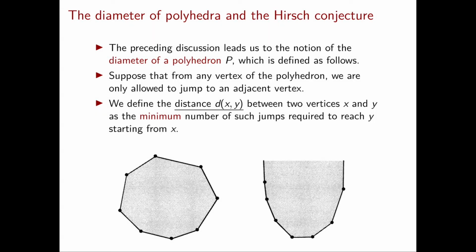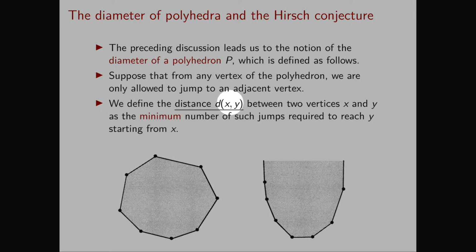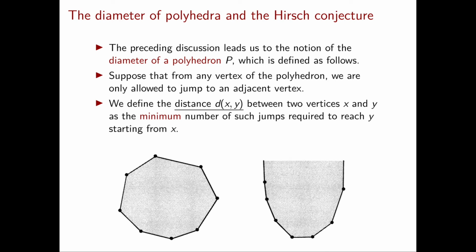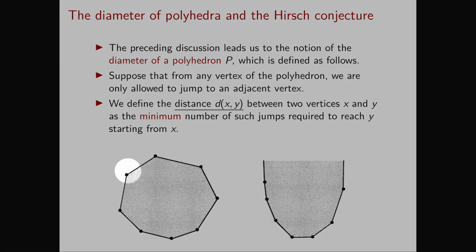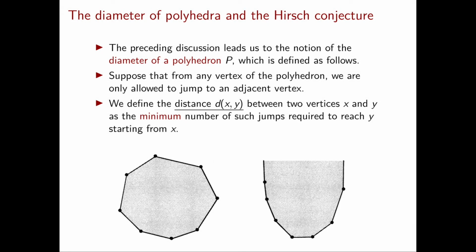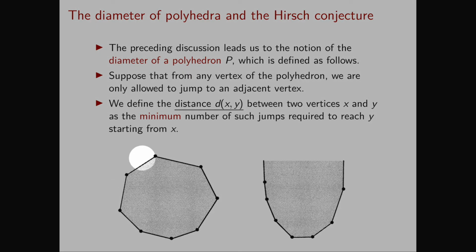Then we can define the distance between two vertices x and y. This distance is denoted by d(x,y), and it is the minimum number of jumps required to reach y starting from x. For example, if this is our vertex x and this is our vertex y, then the distance will be 2, because to go from x to y we only need 2 jumps, namely, this is the first jump and then the second jump.